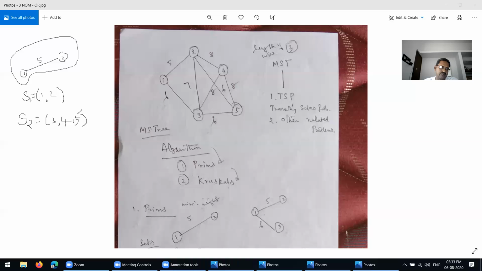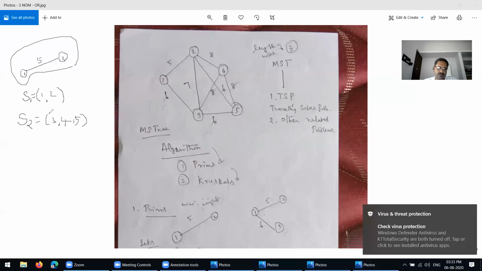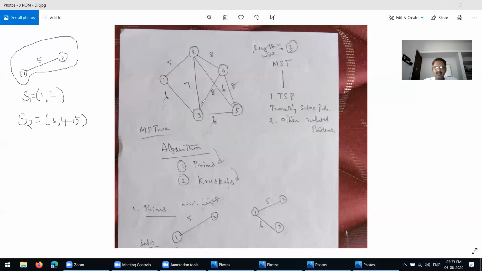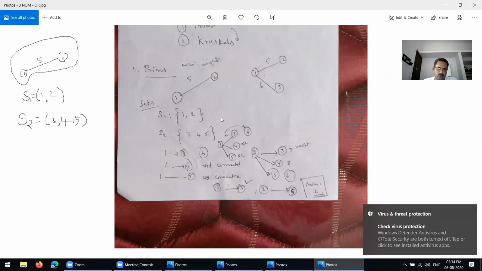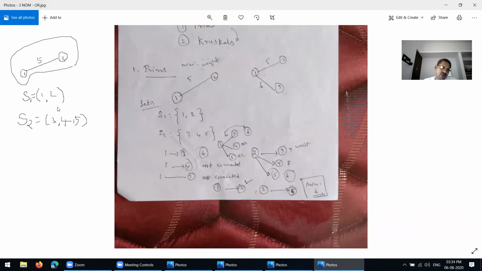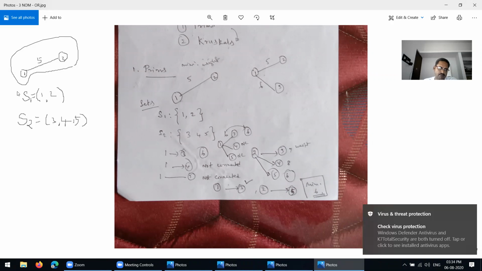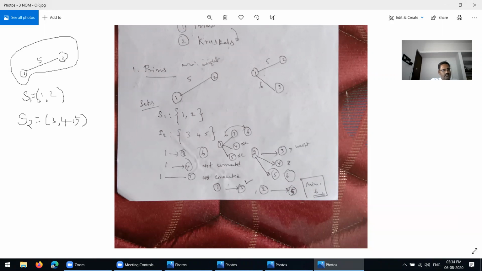First you take 1 to 2 here. You have to select the minimum value. What is the minimum value here? 1 to 2, one set. Then the nodes out of the tree are 3, 4, 5. So how do we select 1, 2 as S1?